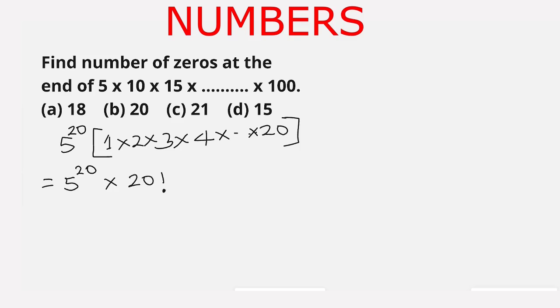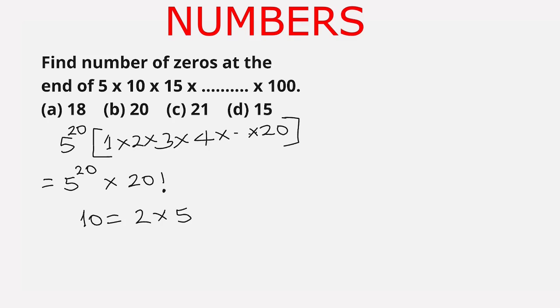Now we have to find the number of zeros at the end of this number. This is nothing else but the power of 10 in 20 factorial. But 10 is not a prime number, so we can factorize 10 into 2 multiplied by 5, and whatever may be the power of 5 and 2 together, that will make the power of 10, and that will be the number of zeros at the end of the given number.